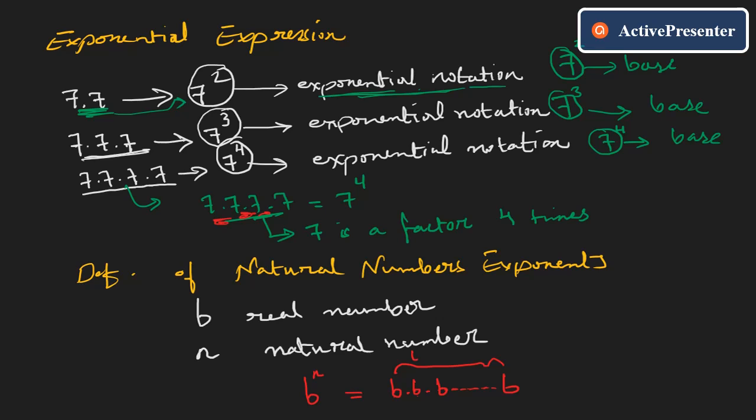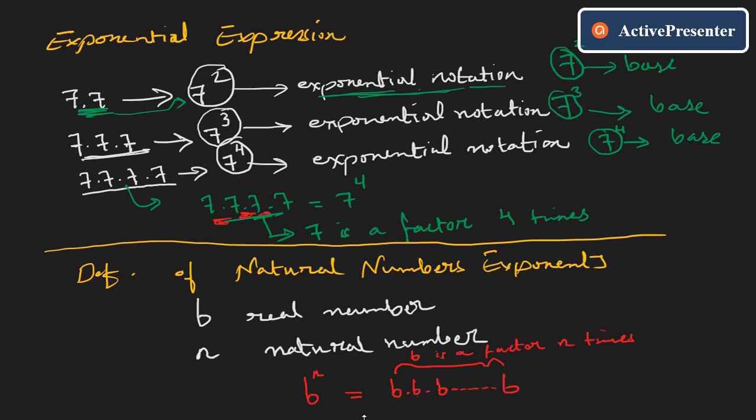That's it. b is a factor n times. This is simply the definition of natural numbers exponents.